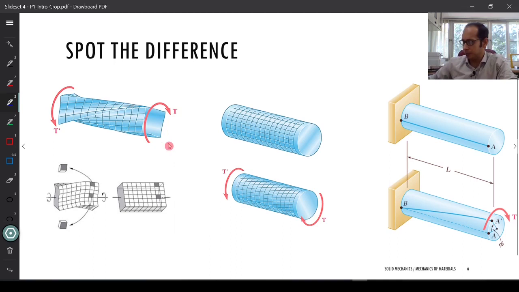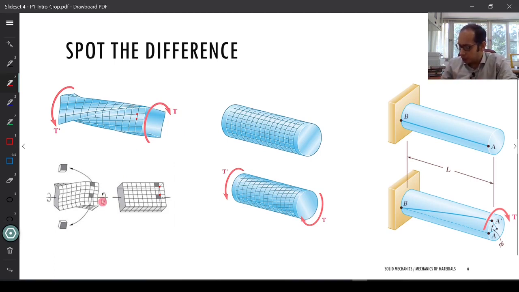If I take a perpendicular cross section about the longitudinal axis of this shaft, which has a rectangular cross section, and initially the points were on the same perpendicular axis to this longitudinal axis, let's see what happens to those points after I'm applying this torsion.